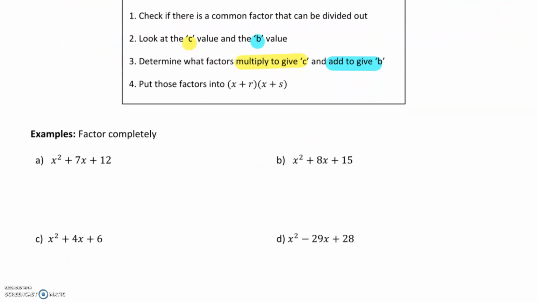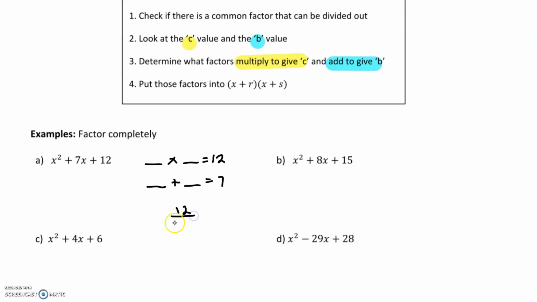All right, so let's take a look at the first one. The c value is 12. So we have to think what times what equals 12, and then the same numbers will add to give 7. The factors of 12 are the numbers that multiply to give 12.